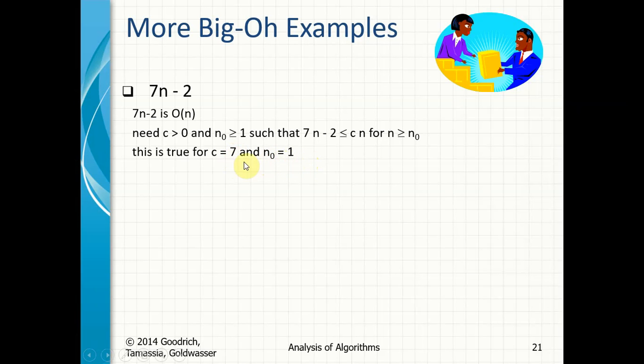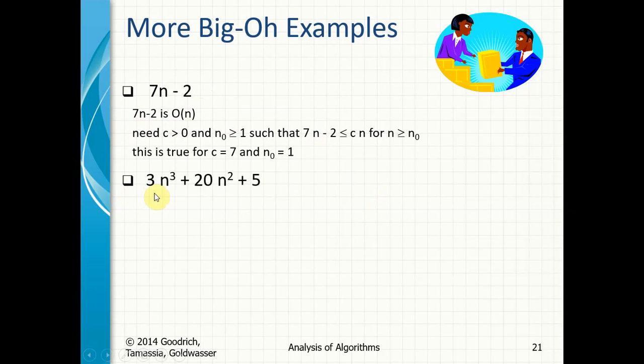Then for this function, 7n minus 2 cannot be greater than 7n. Therefore, O(n) is a valid expression.